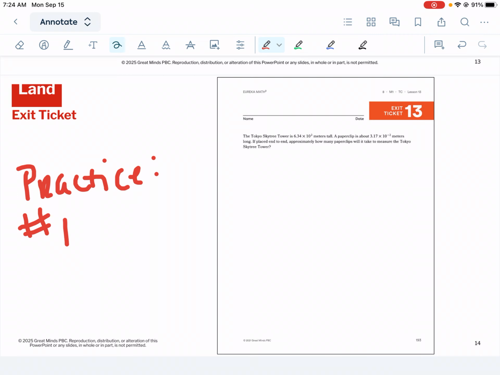Circle B and C from number 2. Okay? B and C. From number 3, circle B and C as well.